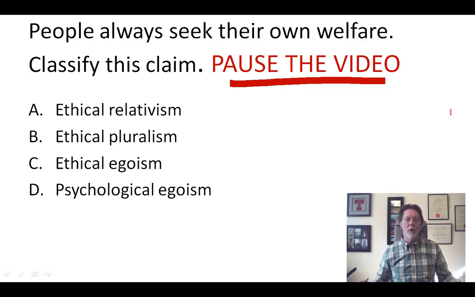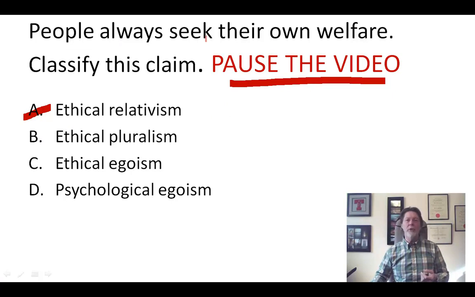Okay, welcome back. I hope you've committed yourself to one of these answers. People always seek their own welfare. Is that ethical relativism? Well, does it have anything to say about what culture the person is from? No, it's not saying that only in certain cultures do people seek their own welfare. Is it ethical pluralism, which you recall is the view that you have to consult various different ethical theories? No, there's nothing ethical in that whole statement.